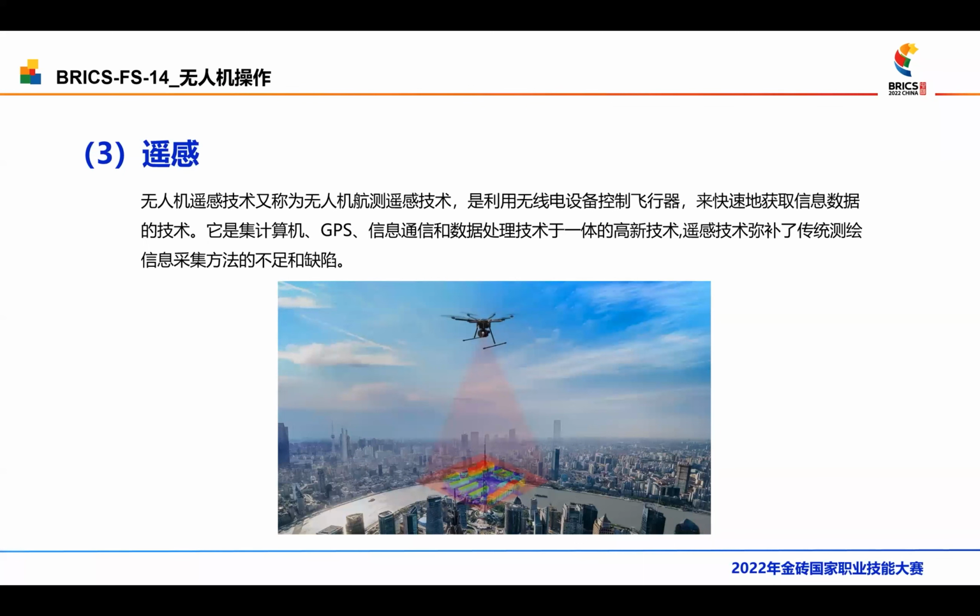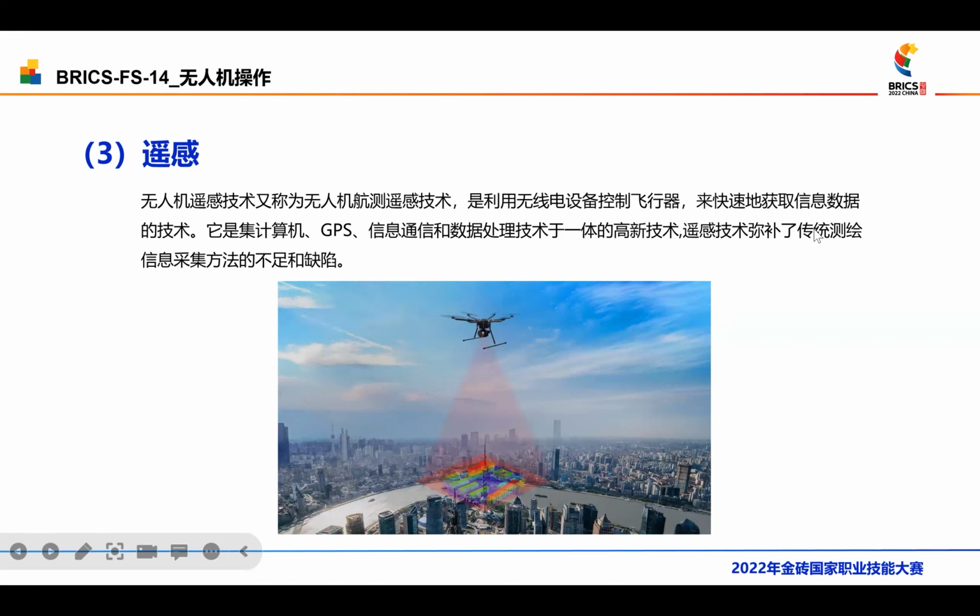The third is the remote sensing. UAV remote sensing technology, also known as UAV aerial survey and remote sensing technology, is the use of radio equipment to control aircraft to quickly obtain information and data.